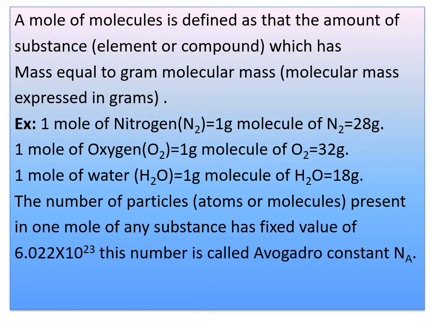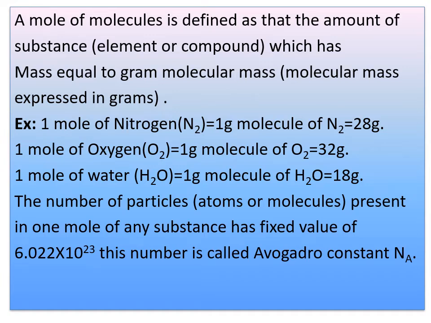A mole of molecules is defined as the amount of a substance, in the form of an element or a compound, which has a mass equal to the gram molecular mass expressed in grams. Already I have discussed this. 1 mole of nitrogen, that means N2, gives you 1 gram molecule of N2. Already we have discussed that N2, O2, H2 don't exist as single atoms, they exist as diatomic molecules. So N2 is nothing but 2 atoms of nitrogen.